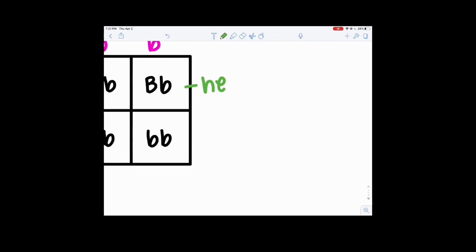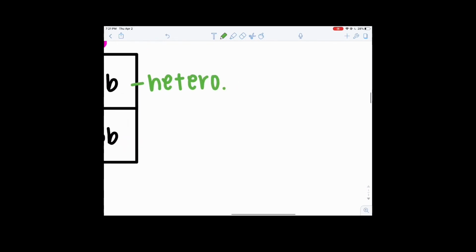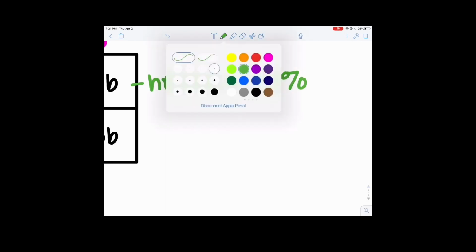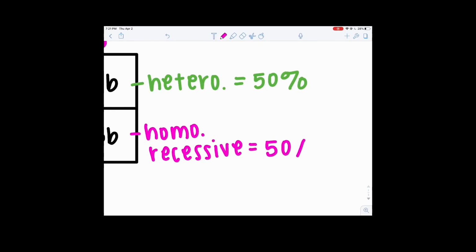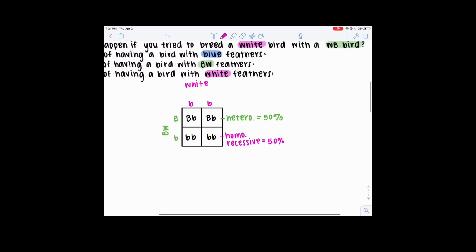And here I'm just labeling that they are heterozygotes, and we know that there's 2 out of 4 of them, which means there's 1/2, which means there is 50% of them. And here we know that this is homozygous recessive, and we know that there are 2 out of 4 of them, which is the same thing as 1/2, which is also the same thing as 50%.